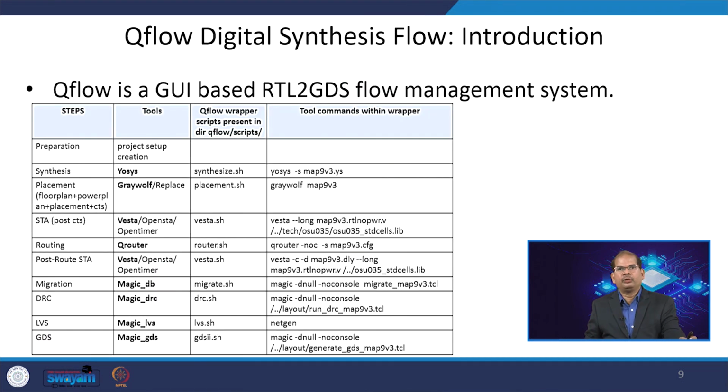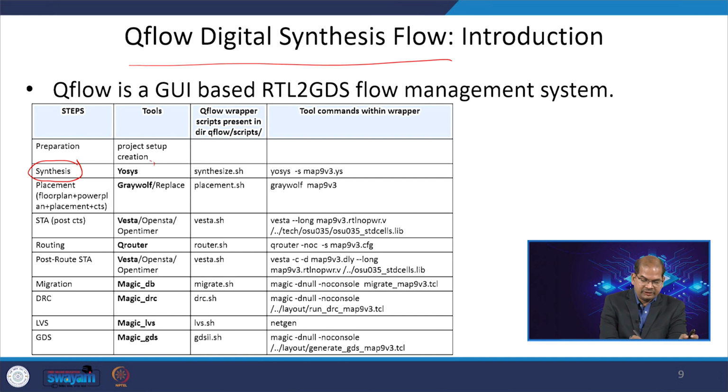Before going to the demo of Qflow, which is a digital synthesis flow, we will discuss what is done in the different steps. Basically, we have synthesis, which is done using Yosys. It uses a wrapper, synthesize.sh, and we can run this like this also.